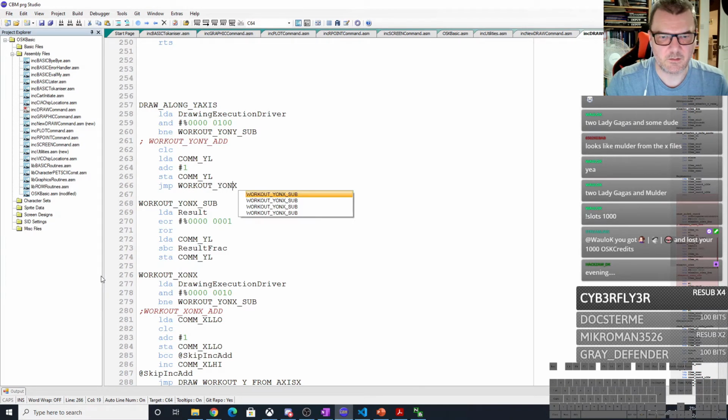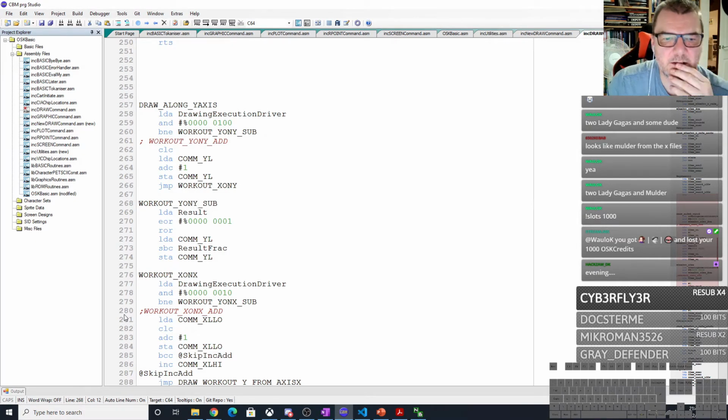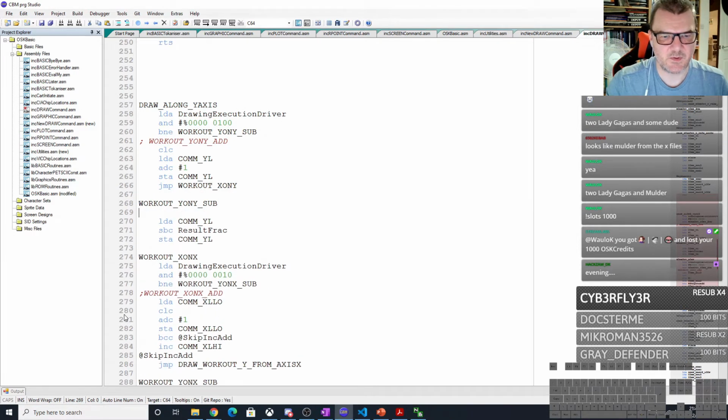So y on x is the next one. No, x on y, isn't it? That's it. So y on y subtract is the same, but this time we set carry and subtract 1.